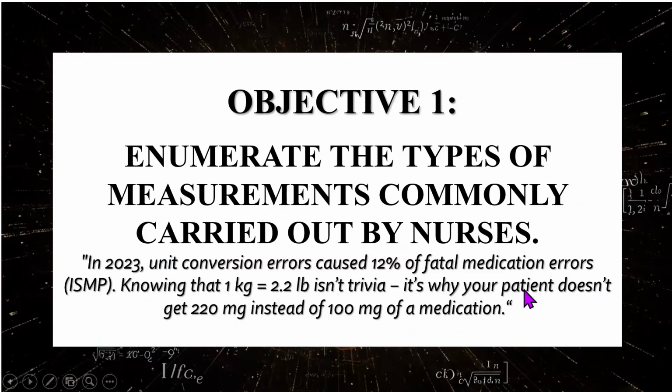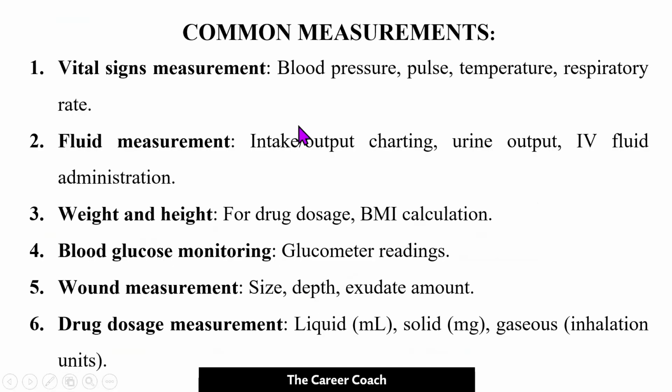It is why your patient doesn't get 220 milligrams instead of 100 milligrams of a medication. So it is very important that we understand measurement so we know when a medication is underdosed or overdosed. Take note of this: it is important for you to know that 1 kg is equal to 2.2 pounds.